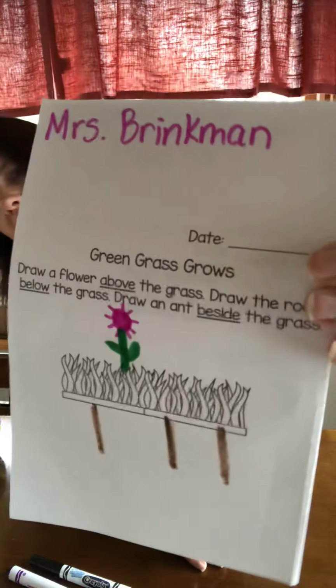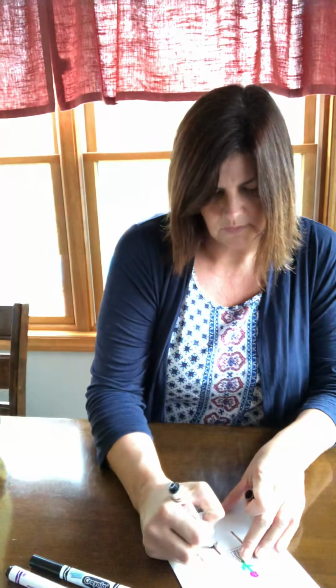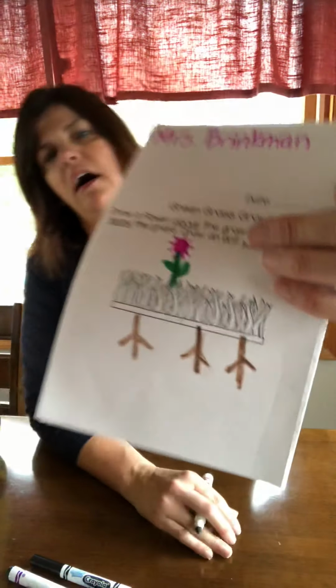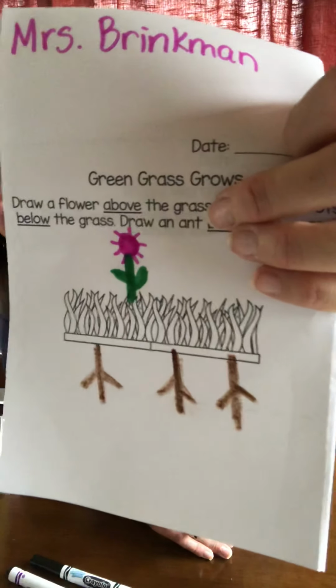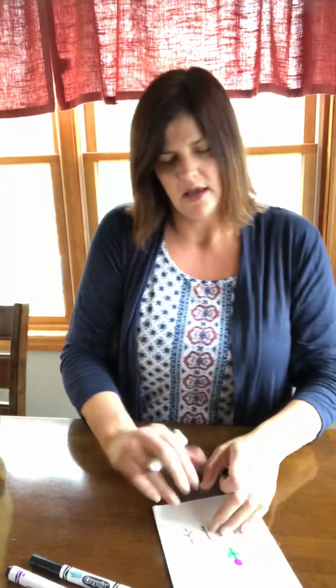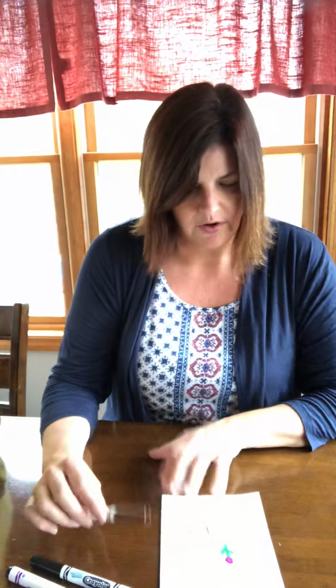My brown marker's not working great. And I'm just going to make little tiny other white lines, which are just part of the roots, because the roots spread out and drink a lot of water to keep those flowers and that grass growing beautifully. The roots are now below the grass.